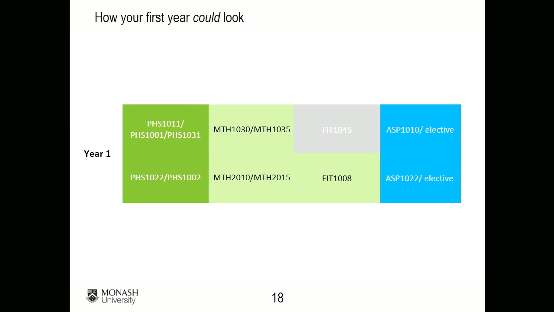So if you're interested in IT, there are units that are available to science students. And in this space, this is an astrophysics first year sequence. So this particular course plan can cover you down the track for majors in physics, astrophysics, mathematics, statistics and computational science. So it opens up a range of different majors if you look at something set up like that.